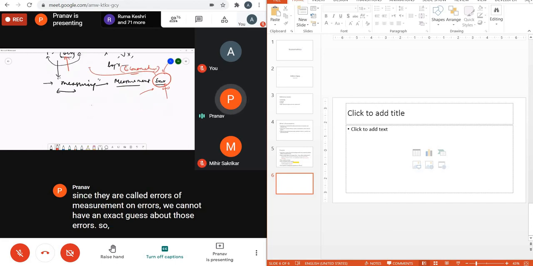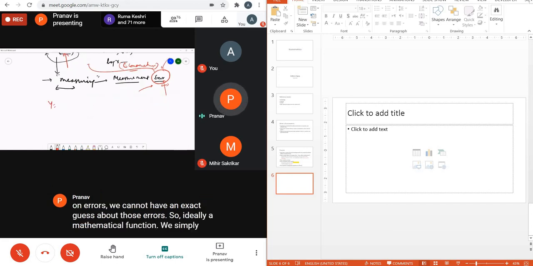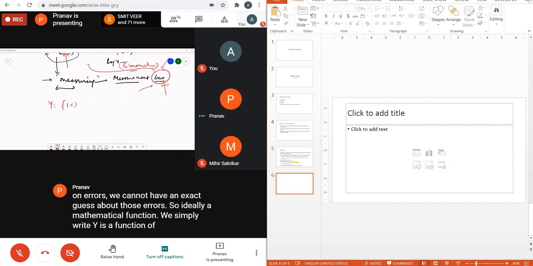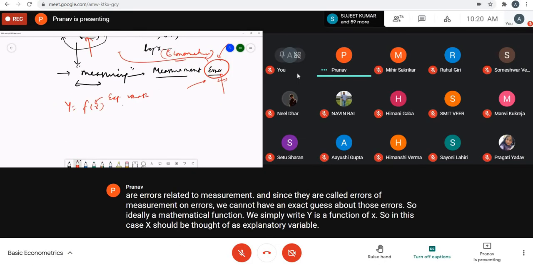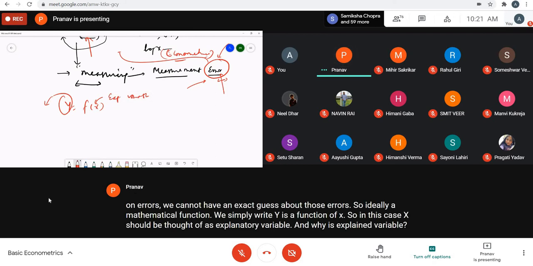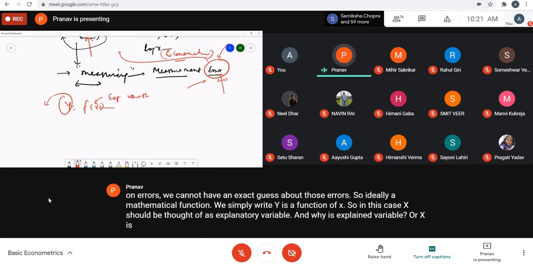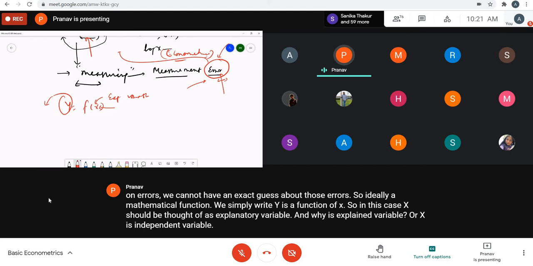So ideally, in a mathematical function we simply write y is a function of x. In this case, x should be thought of as the explanatory variable and y is the explained variable, or x is the independent variable. Why independent? Because this is exogenous.